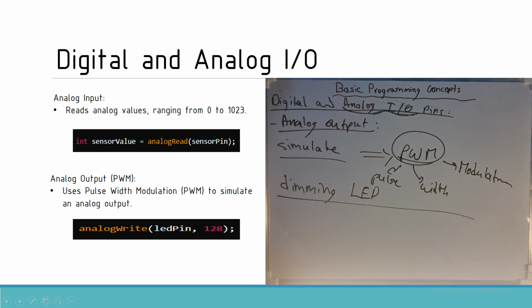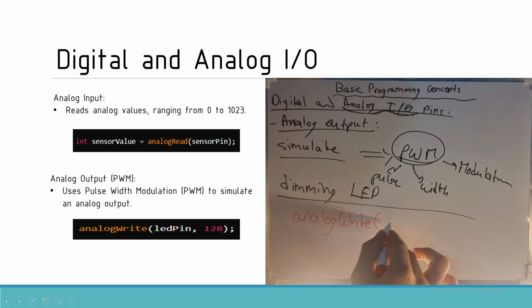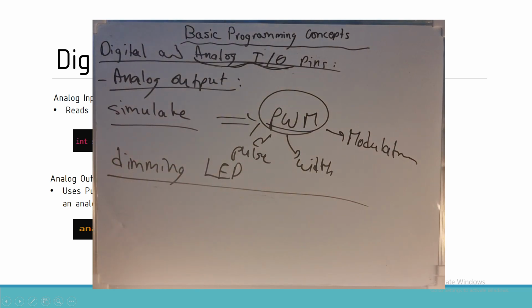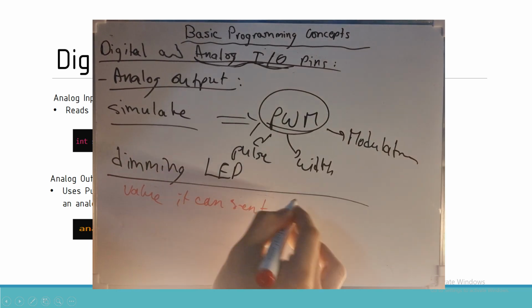The command that is responsible for this simulation is analogWrite, the digital pin used, not any digital pin, only the digital pin that has this symbol right beside it. analogWrite, digital pin number used, comma, the value to send, semicolon.